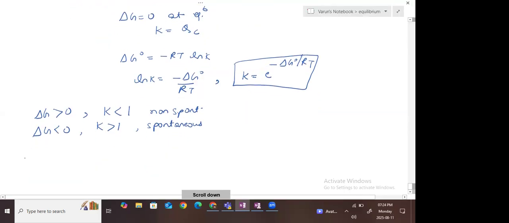Now one question for you. Based on this concept, hydrolysis of sucrose gives glucose and fructose.